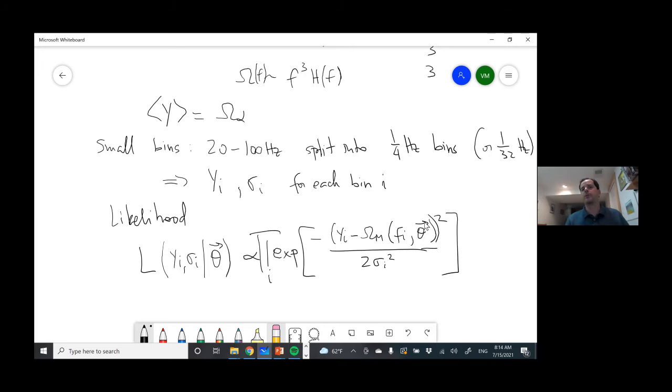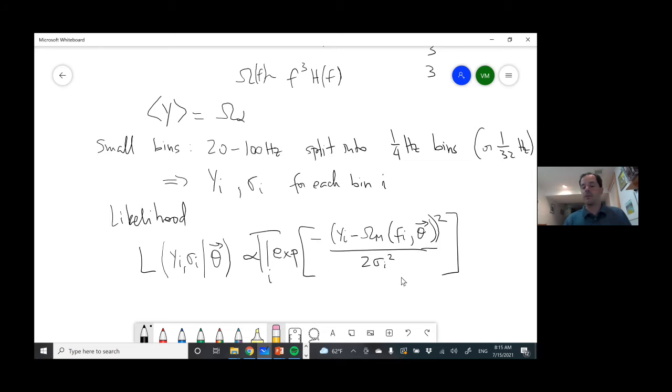It will depend on maybe the parameters that define the time delay distribution, perhaps the parameters that describe the star formation rate, and so on. So all of those would enter here. Some of the parameters, if we think we know them well, we can fix them. Others can remain free, and so on. And then we of course divide by the sigma squared corresponding to the measurement in that particular frequency bin.